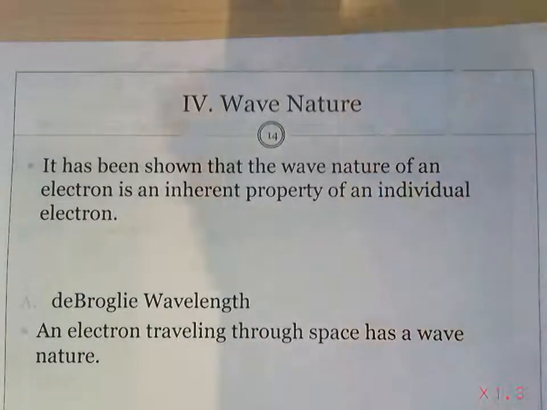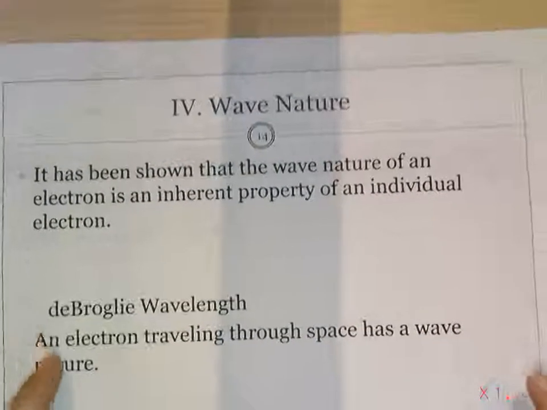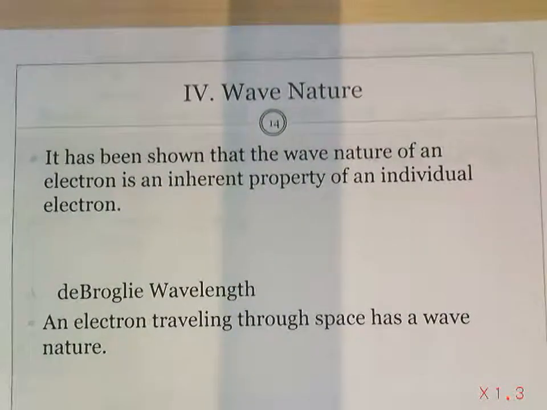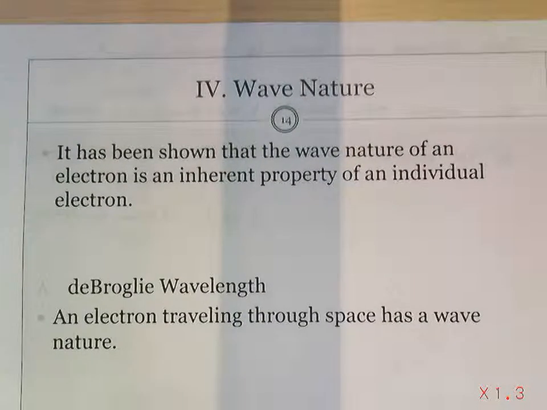All right, so let's talk about wave particle duality. It's been shown using a variety of experiments that I would love to talk to you about sometime if you're fascinated, but for now, you just take my word on it, that the wave nature of an electron is a property of an individual electron. So it's not a collective property.